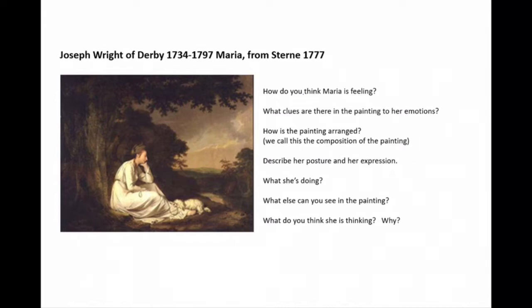We call this the composition of the painting. Describe her posture and her facial expression. What is she doing? What else can you see in the painting around her? And what do you think that she is thinking? Why might that be? Pause the video and discuss your answers to these questions.